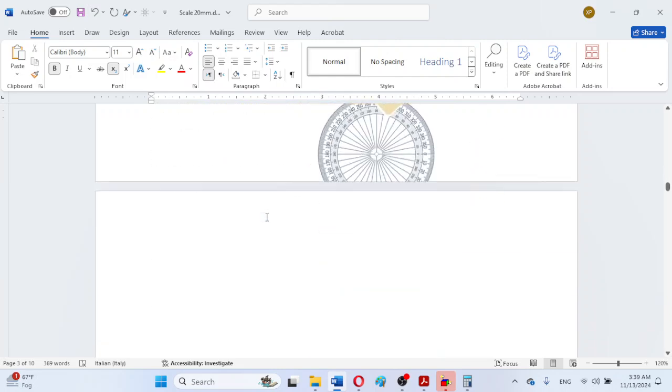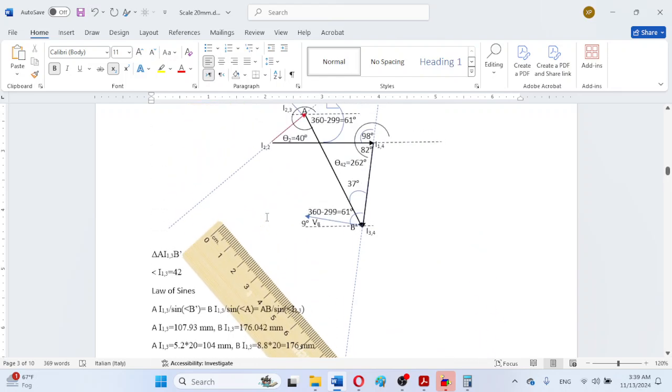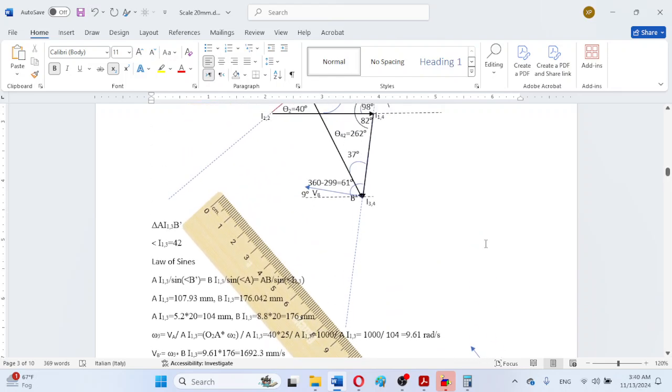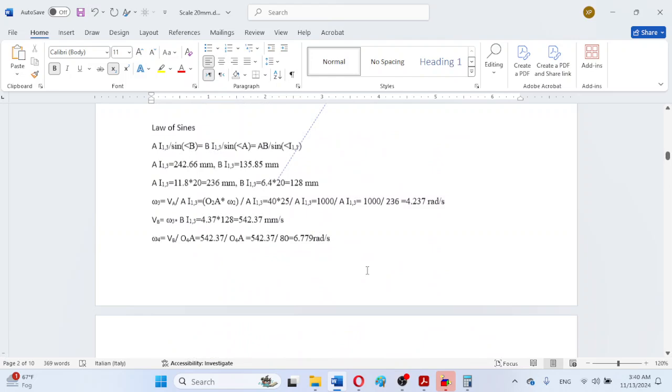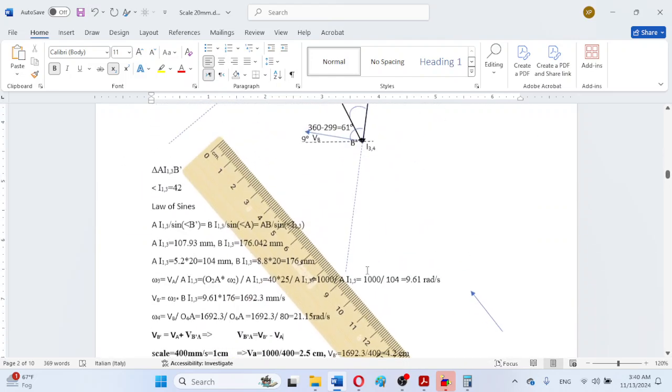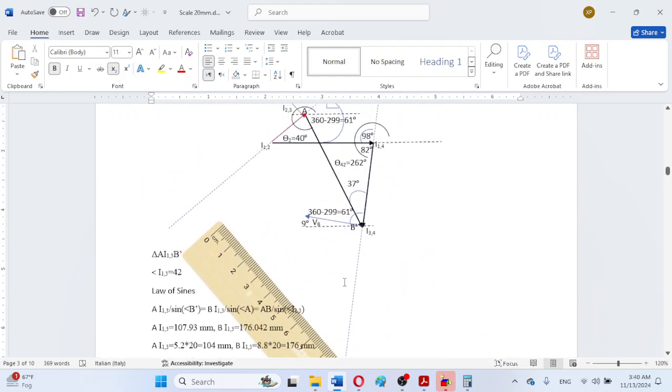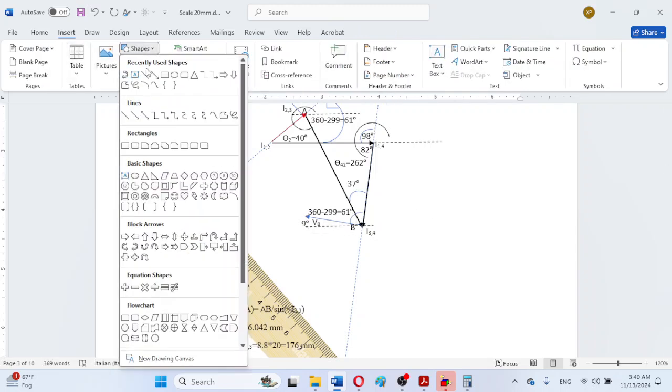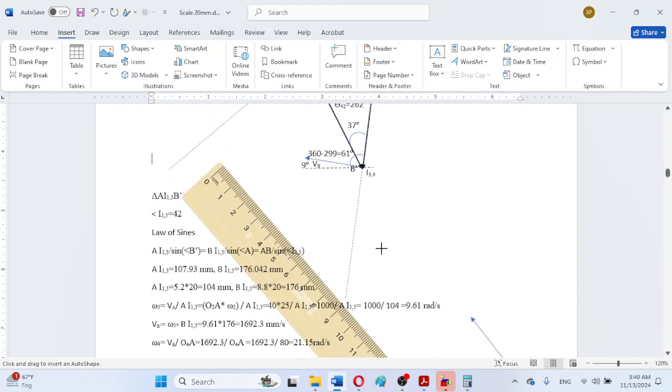So for example, we can draw the VB dash vector, or draw an independent line here.